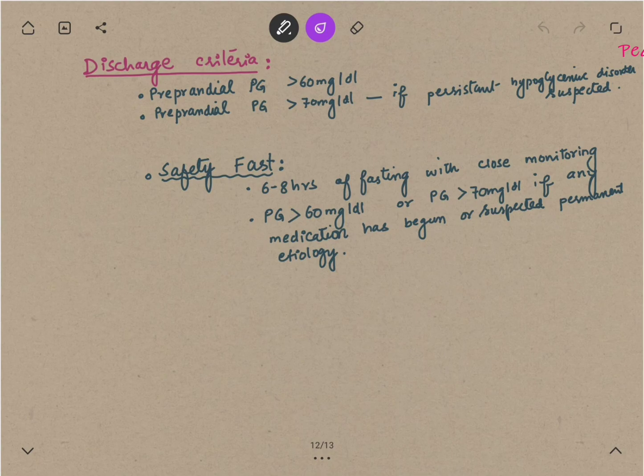At the end, coming to discharge criteria, this is very important: if we have a child with hypoglycemia, we need to have a safety fast. So what is a safety fast? This is fasting of 6 to 8 hours with close monitoring.